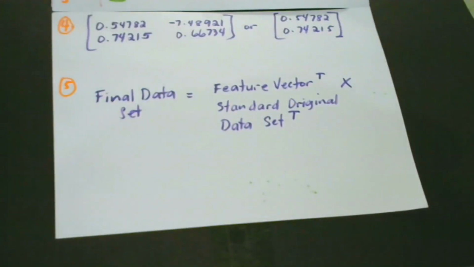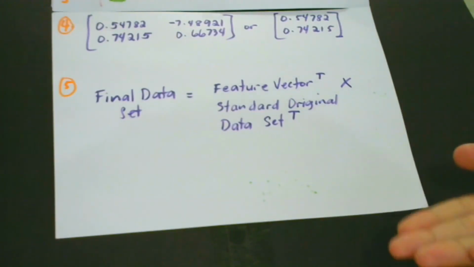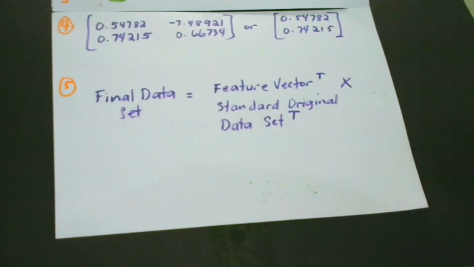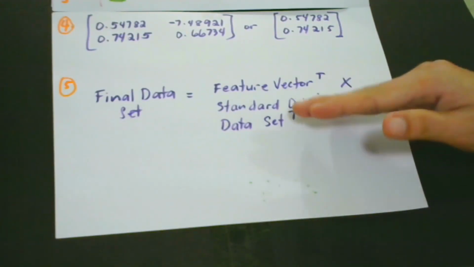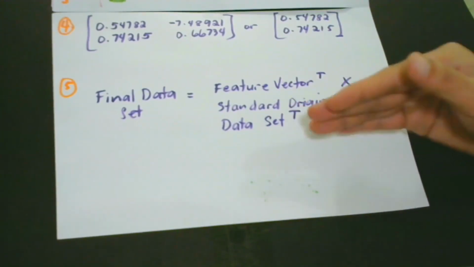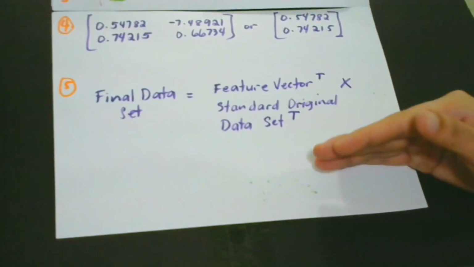So after deciding on what to retain, what dimensionality to reject, what will we do next? Let's go to this step. In this case, we recast the data along the principal component axis.